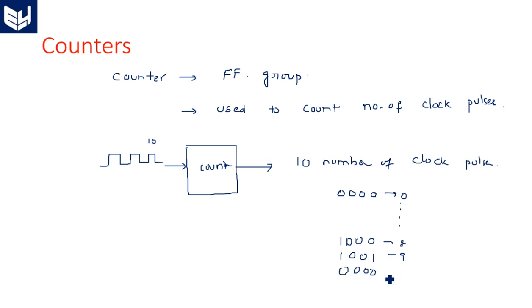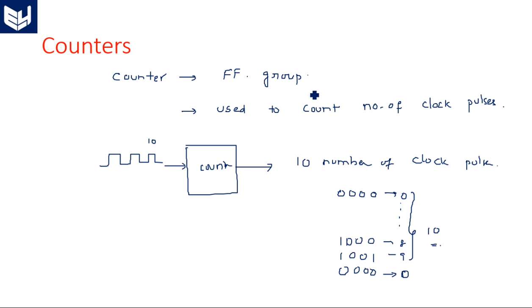After that, whenever the 10th clock pulse comes, it again goes to 0. That means it counts the number of clock pulses from 0 to 9, which is a total of 10 clock pulses. Whenever the 10th clock pulse occurs, the count goes back to the initial state 0. This is how the counter basically works.